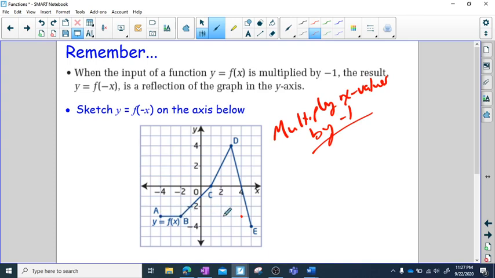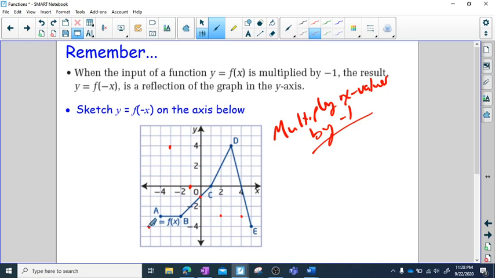X is negative 2, x would now be positive 2. X is 0, x is still 0. X is positive 1, it'll become negative 1. X is 3, it would become negative 3. X is 5, x would be negative 5.